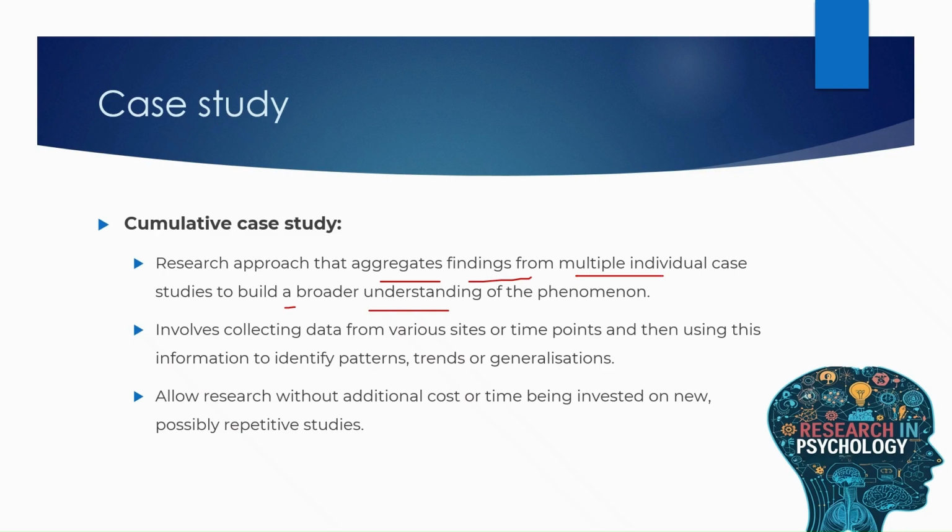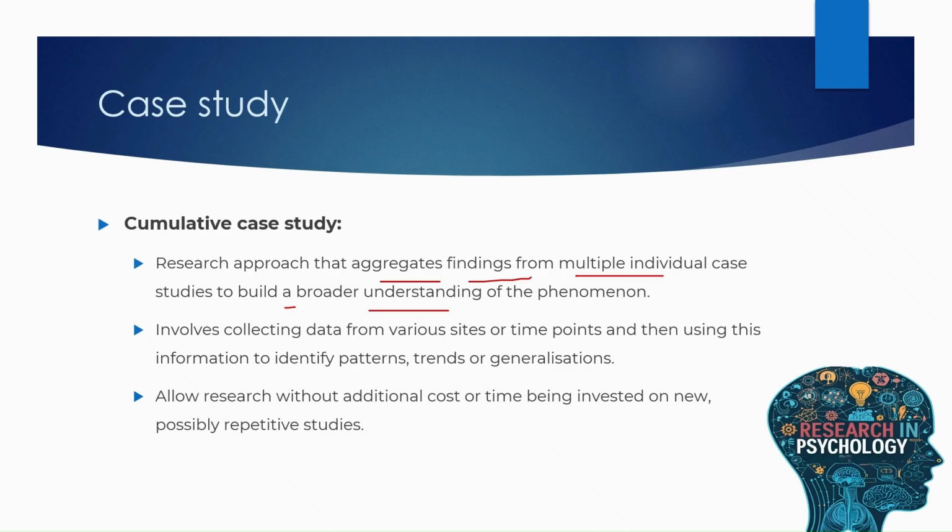Okay, so what you would do is go and check every other study that has been conducted on COVID, collect all of that and bring it together to make a cumulative case study, which means you are aggregating all the previous studies that have happened on that topic and then doing your own case study without actually doing the study yourself. You are just using the research that has been done by others and bringing it all together.